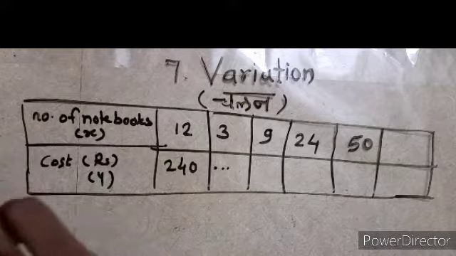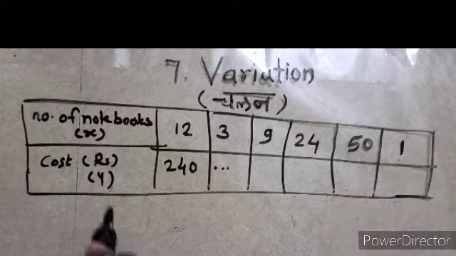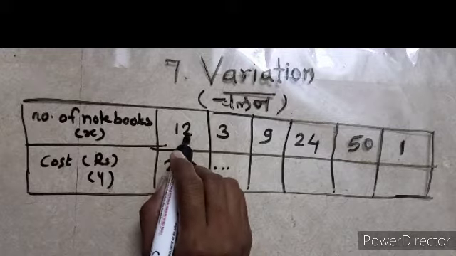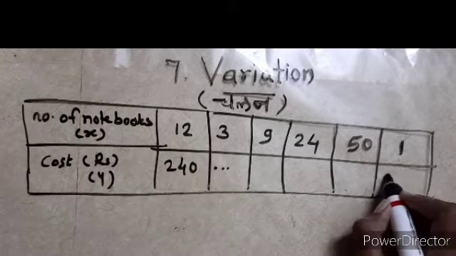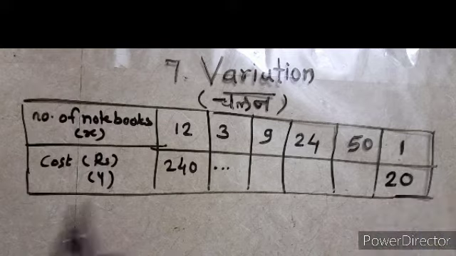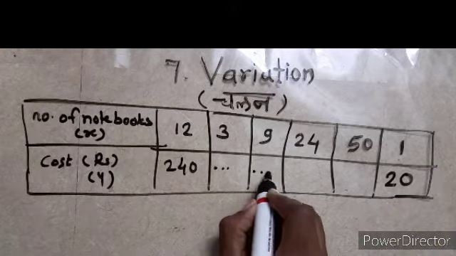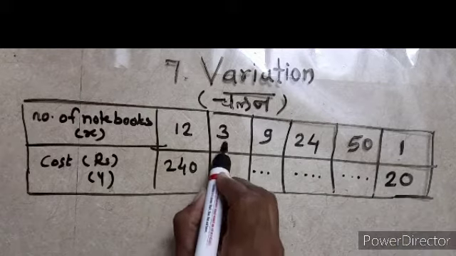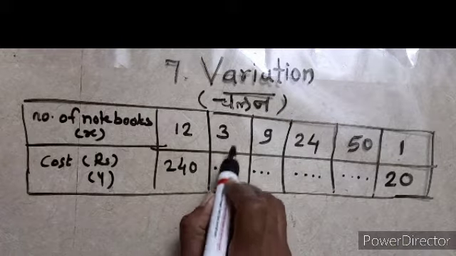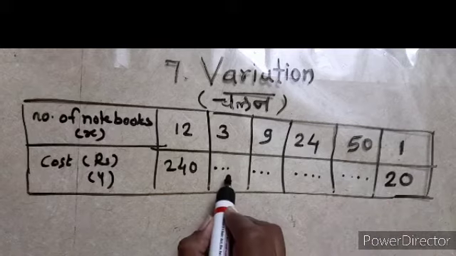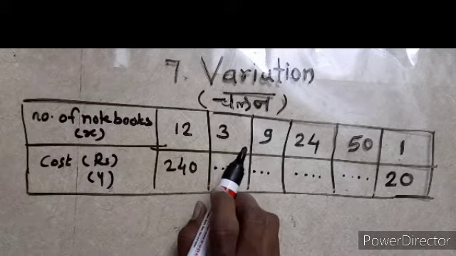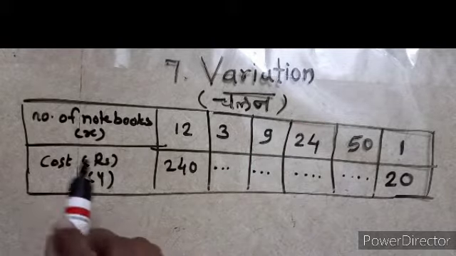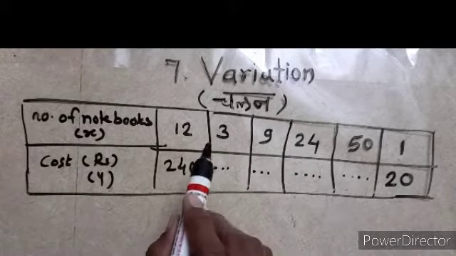If you want to buy a single notebook, then you have to pay 240 divided by 12, means 20 rupees. Okay. Then by using this, you have to calculate the value of all these remaining and fill this table. So please draw the table in your notebook and complete it.